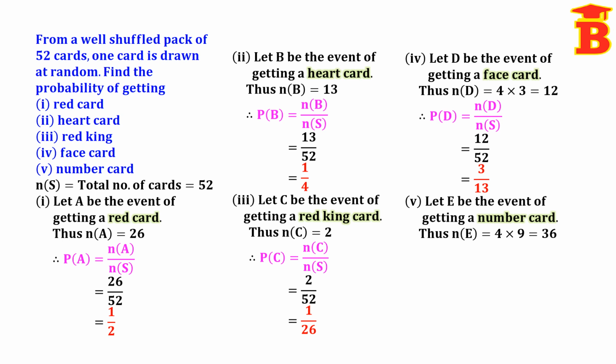There are 4 symbols. So 4 into 9, that is equal to 36. Now using the formula P of E equal to N of E divided by N of S, that is equal to 36 divided by 52. We can cancel by 4. We get the answer 9 by 13.